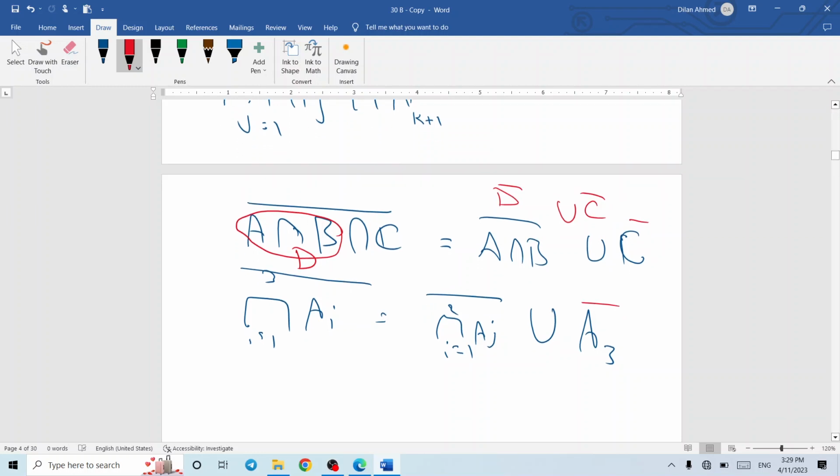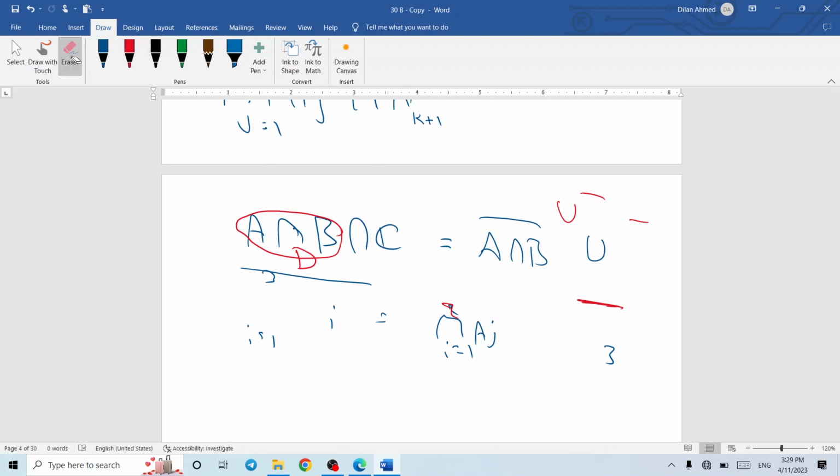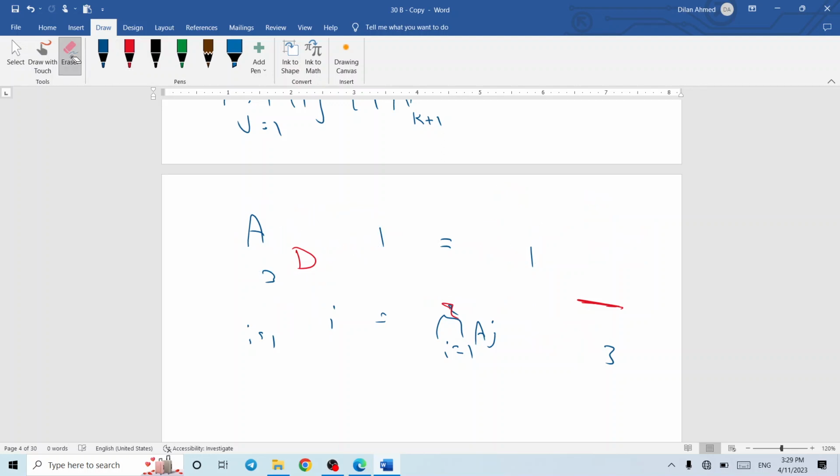How about if I change it to the index set? I have A1, A2, A3, like A, B, C. So I say is equal to what? Two of them intersection. Then I'm going to apply De Morgan for the last one. So I'll get union A3 complement. Clear? If you understand that one, I'm going to erase it because this is not a part of the solution. So I'm going to show that here.